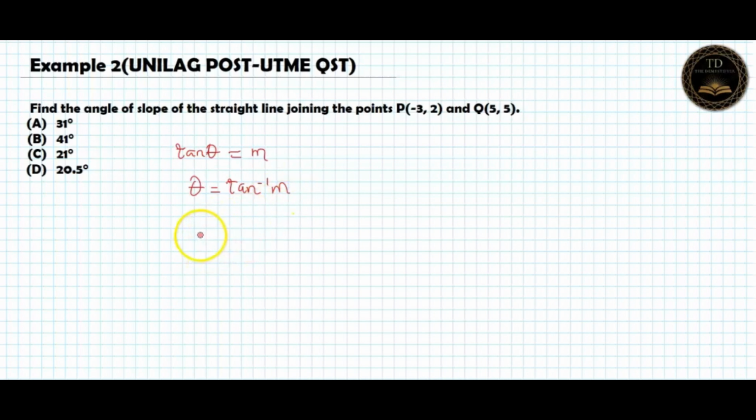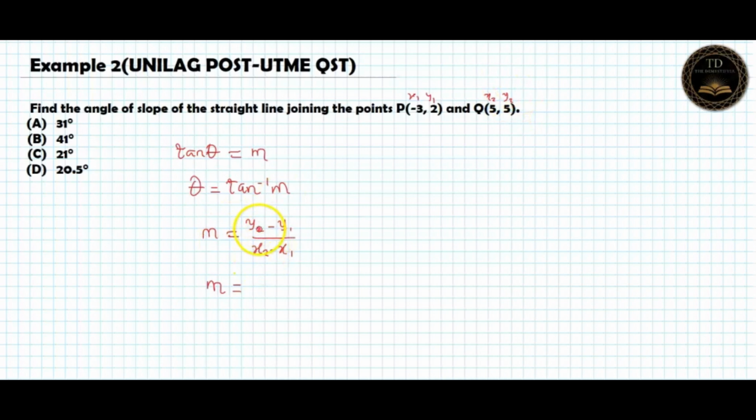So all it means is that we should just find the gradient first. So our gradient, remember, is equal to y2 minus y1 over x2 minus x1. Okay, and then our m will be equal to y2 minus y1. Could label them again: x1, y1, x2, y2.